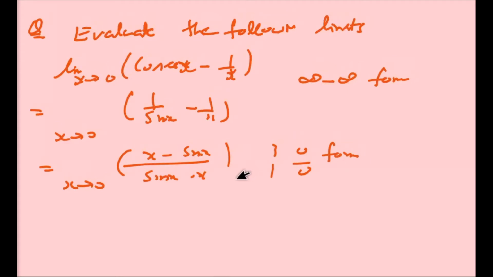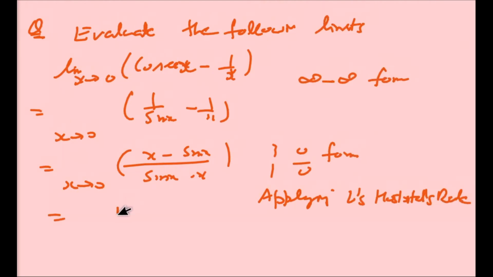Okay, so using L'Hospital's rule, we can differentiate it: (1 minus cos x) upon (sin x into 1 plus cos x into x), x tends towards 0.